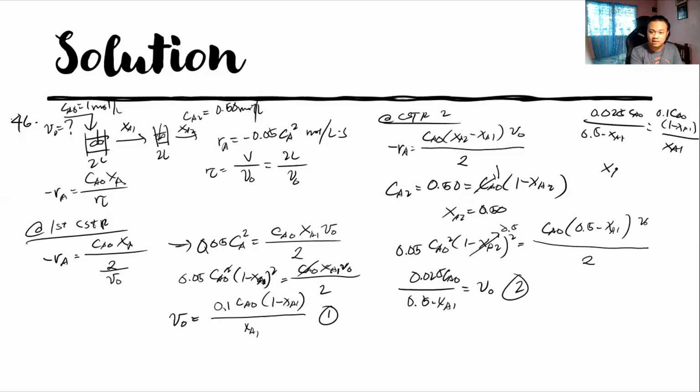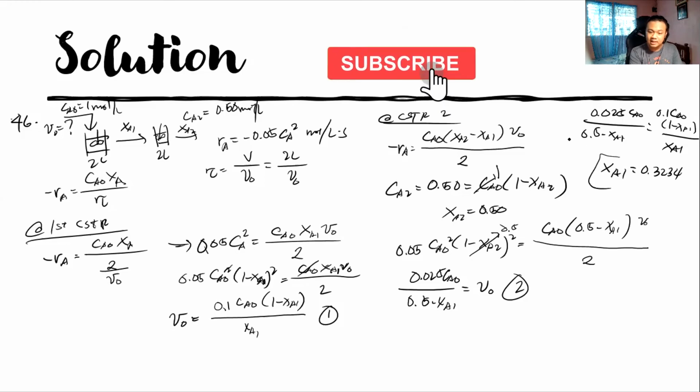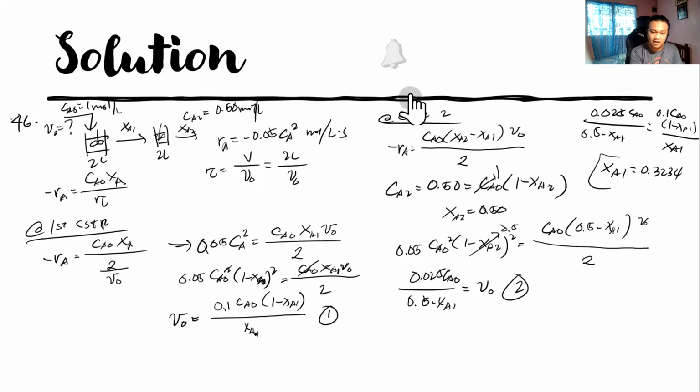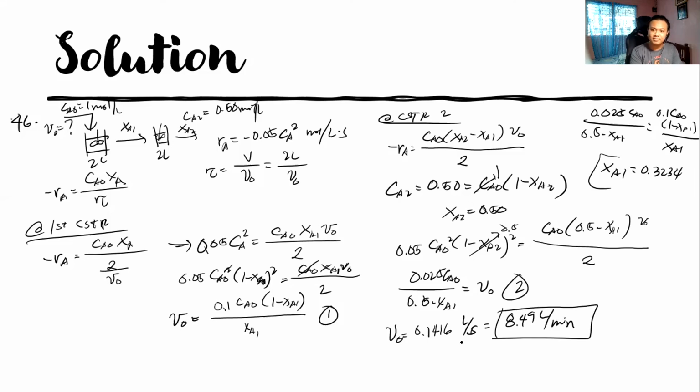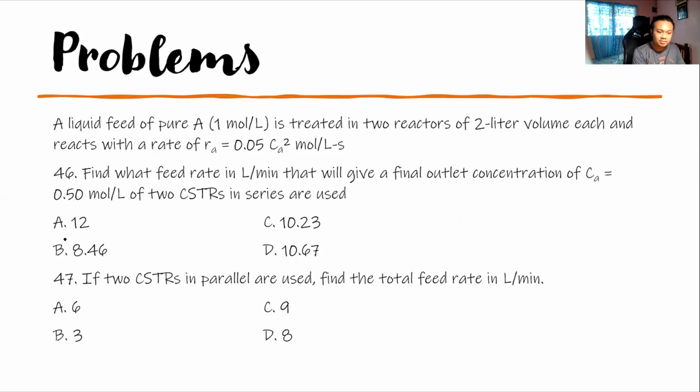So shift solve to get XA1. You can get 0.3234. Yeah, and then substitute XA1 to any of these, you can get VO. If you substitute it here, you will have 0.1416 liters per second, or times 60 para may minutes, you have 8.49 liters per minute. Yeah. Okay, so that's letter B.